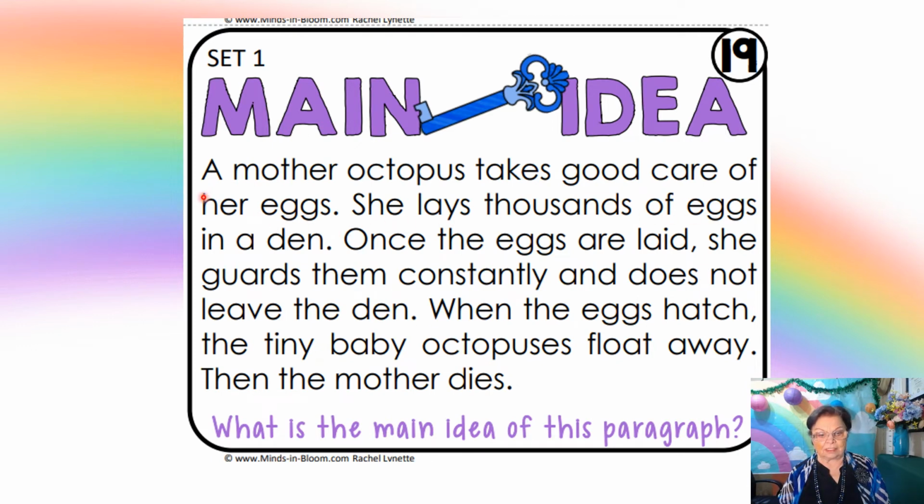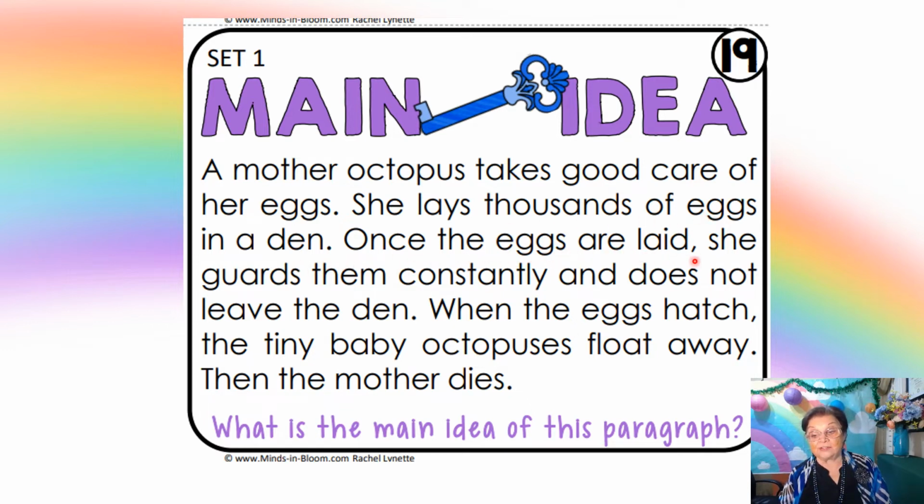Let's take a look at this paragraph. A mother octopus takes good care of her eggs. Maybe that's the topic sentence. Maybe that's the main idea. She lays thousands of eggs in a den. Still talking about her eggs, isn't it?